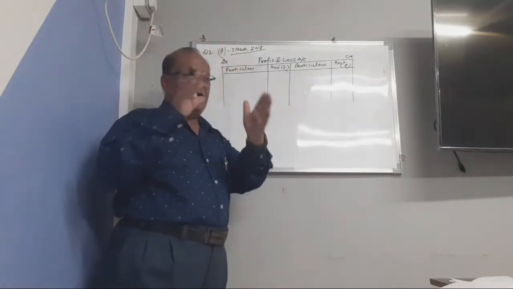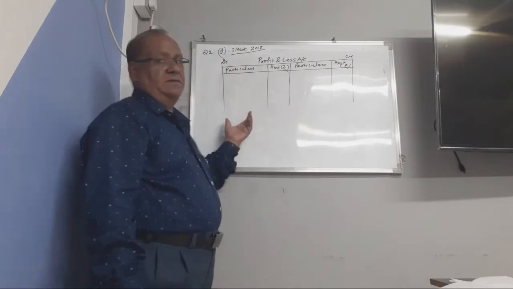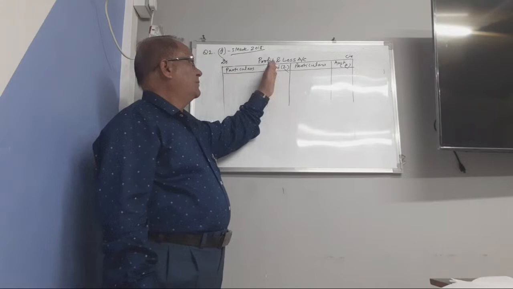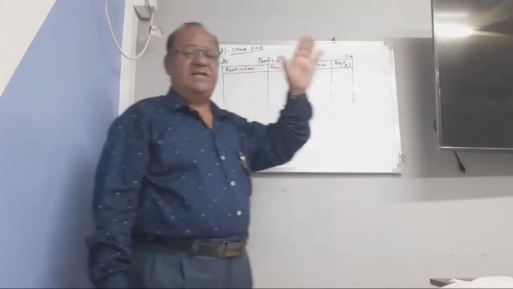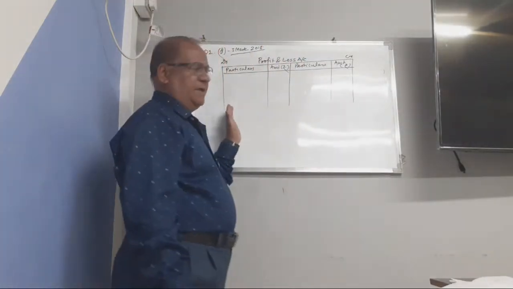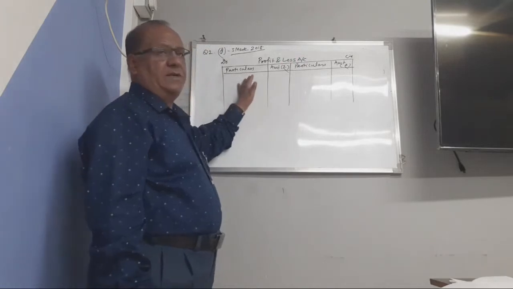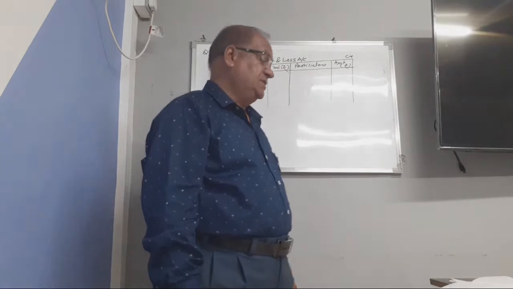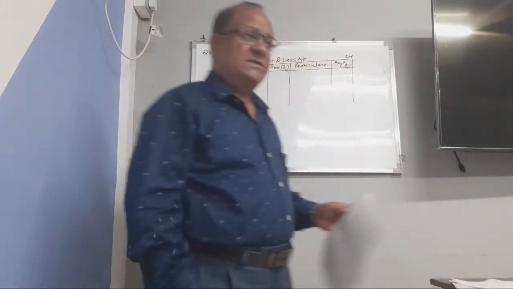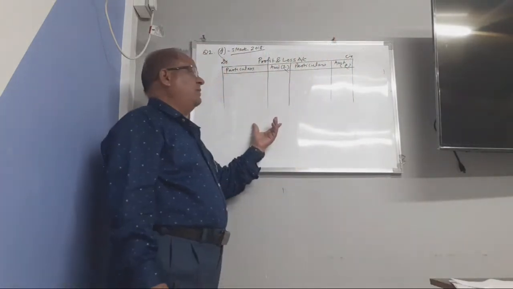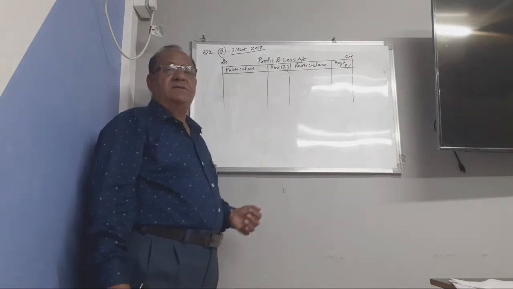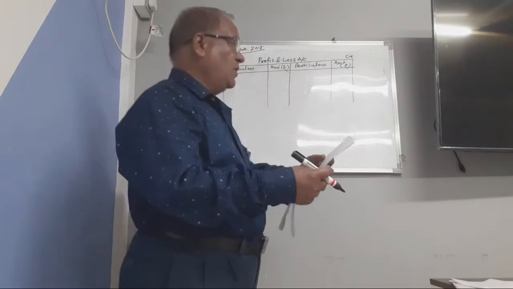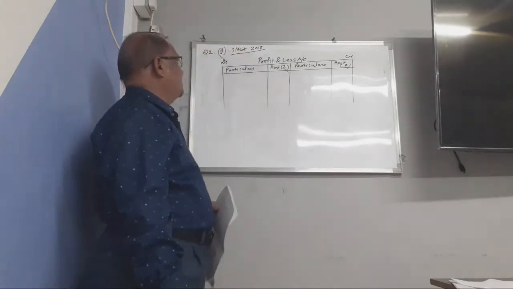At the end we can ascertain net profit or net loss. A credit balance indicates net profit, and a debit balance indicates net loss. The main objective of preparing the profit and loss account is the ascertainment of net profit or net loss, which is what is asked in question 2D.